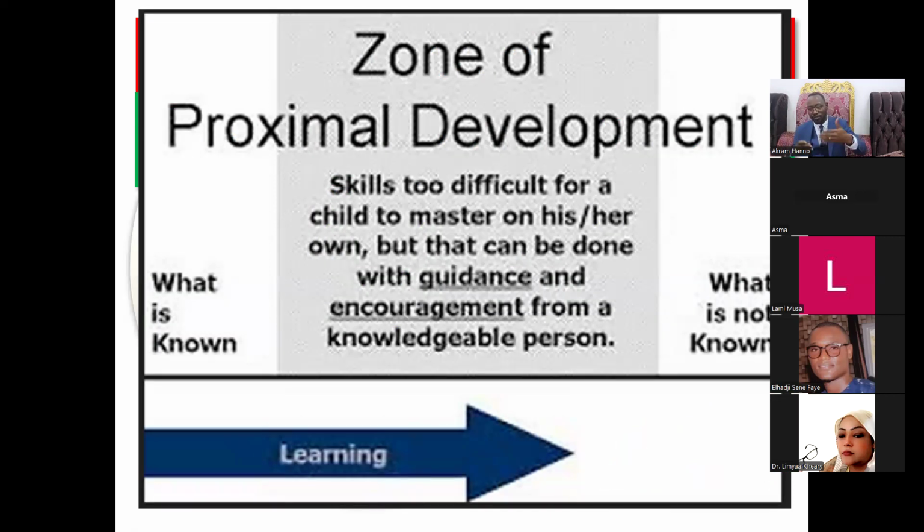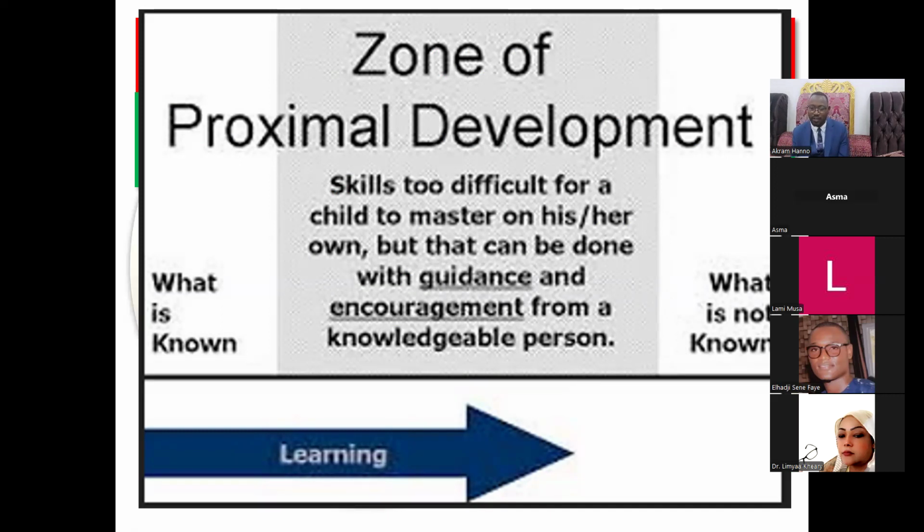So we start from the parents, then at schools the teachers and university doctors and so on. And then the whole environment is not only the schools or formal education, but it could be non-formal, from the surrounding areas, but that can be done with guidance and encouragement from a knowledgeable person.